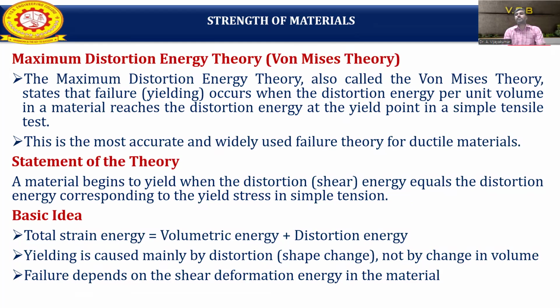What is the basic idea? How do you write the total strain energy? Volumetric energy plus distortion energy. So yielding is caused mainly by distortion, that is, the shape change. When you apply the tensile stress, the shape will change, so we use this theory for the change in shape, not for the change in volume. Failure depends upon the shear deformation energy in the material.